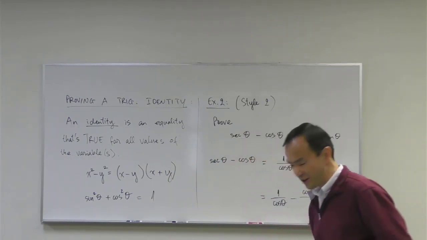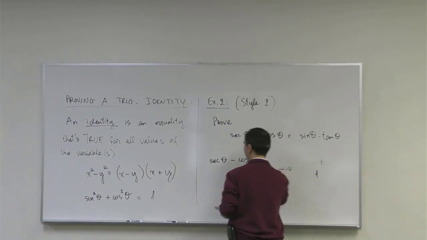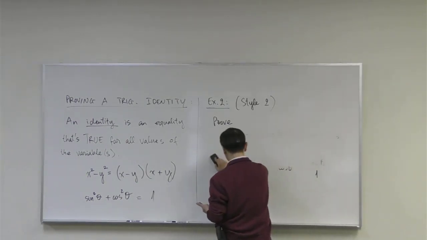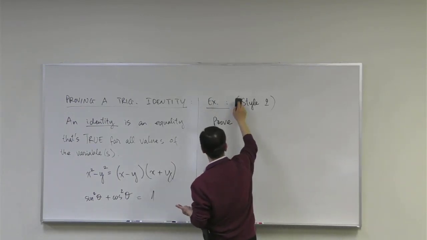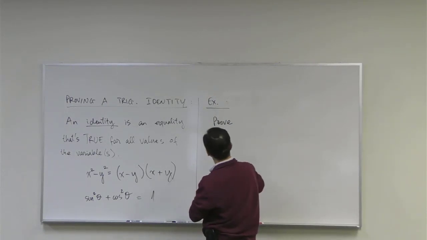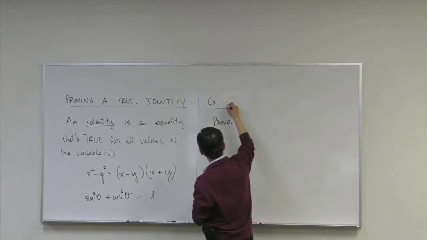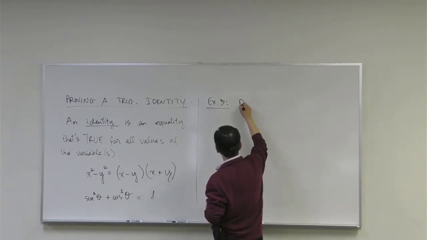But now I want to bring you guys into another one. So when it says prove, logically speaking, the equality will be true. What matters is how you can make people convinced that it's true. But how about in an example like this? Now instead of proving, sometimes you may be asked to disprove.